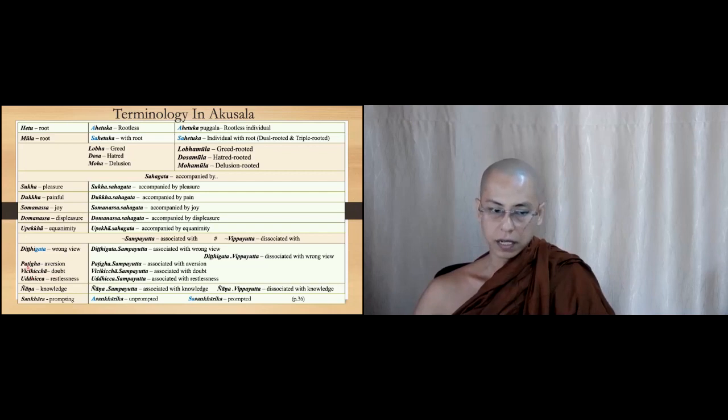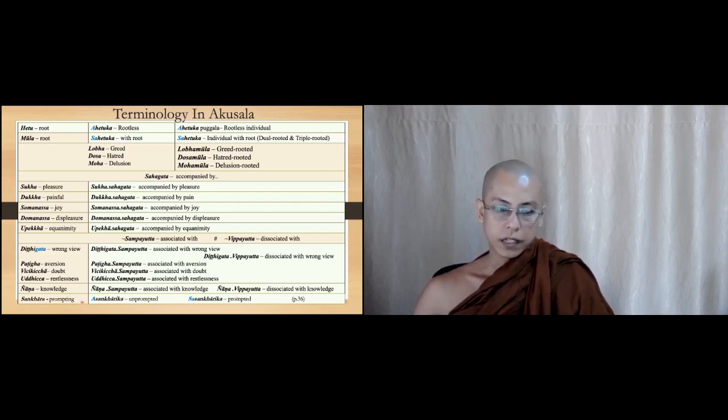Ditthigata, patigha, vicikiccha, uddhacca are all mental fetters. In beautiful consciousness, it comes with nana, knowledge. That's why you will find nana sampayutta and nana vippayutta: associated with knowledge or dissociated from knowledge.